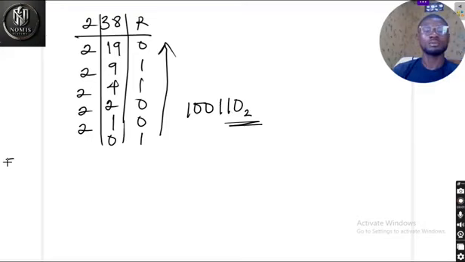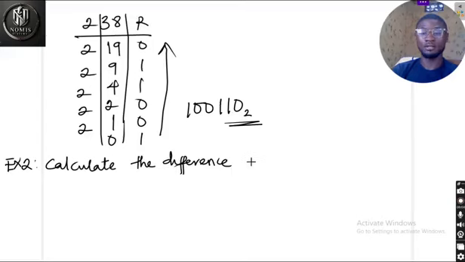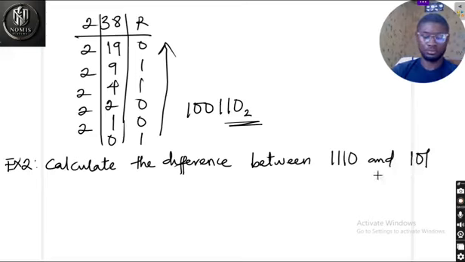Example number 2. The question says, calculate the difference between 1110 and 101.